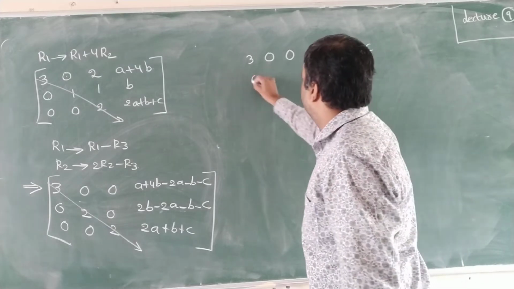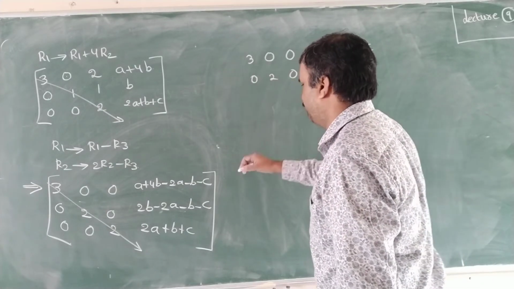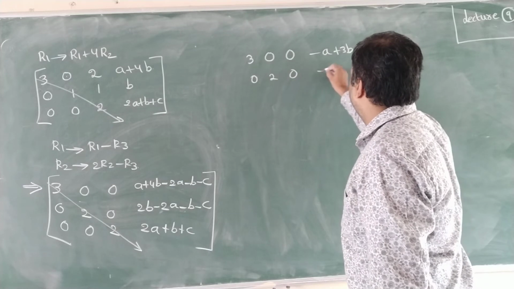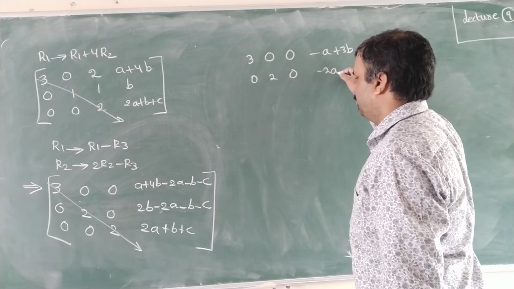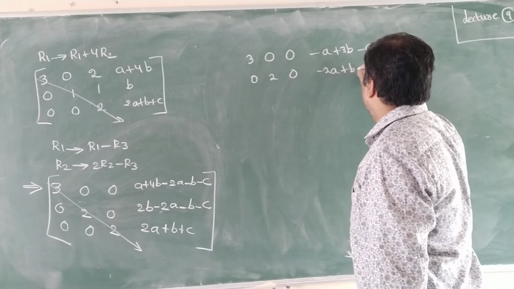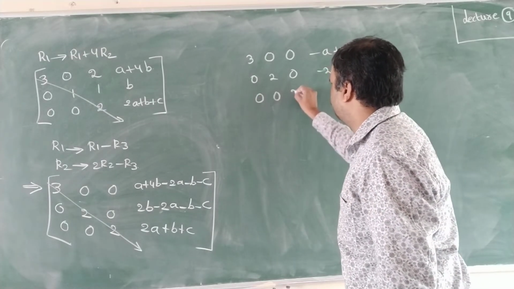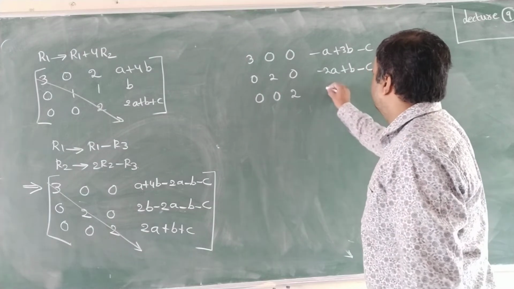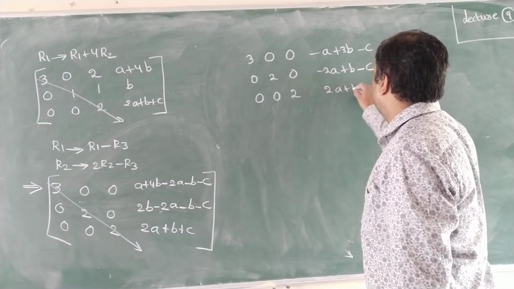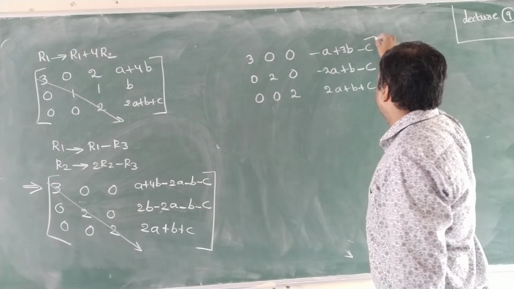Second row 0 2 0, minus 2a plus b minus c. Third row 0 0 2, 2a plus b plus c.